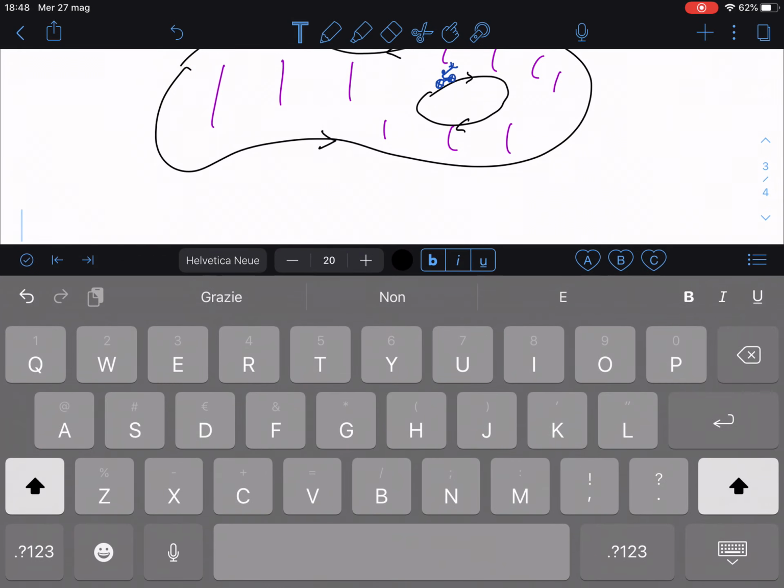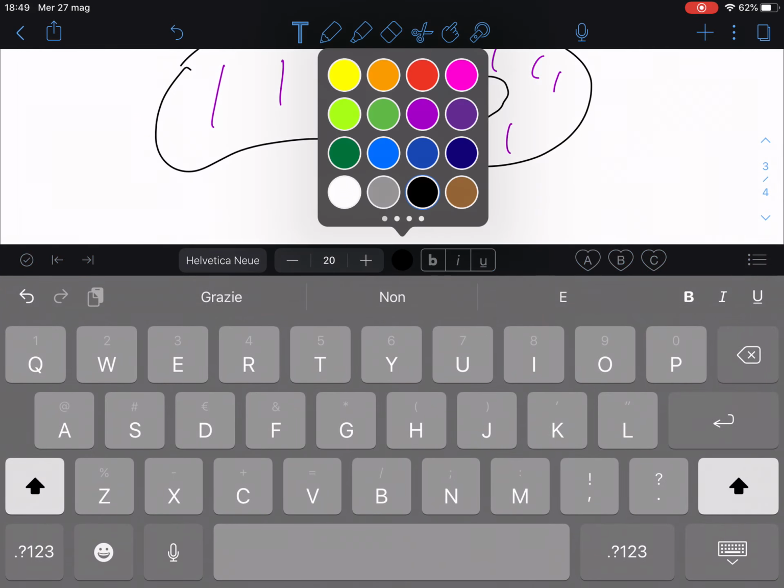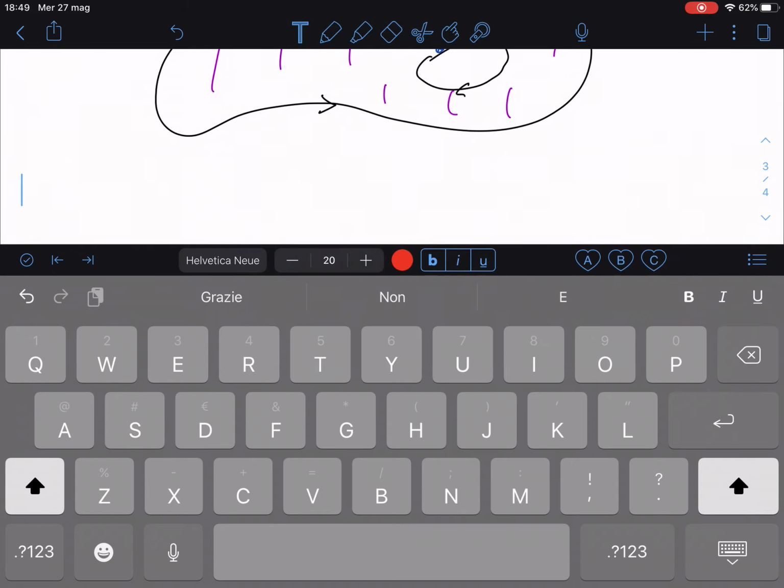So this is the exercise, and I want it to be red when I write exercise.